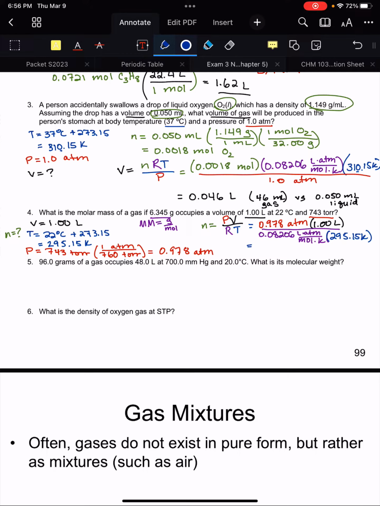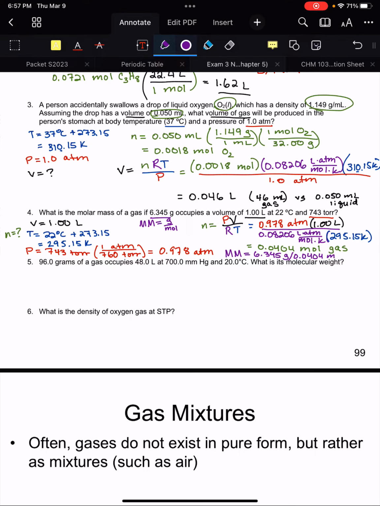So we're going to solve for the moles. So 0.978 divided by 0.08206 divided by 295.15. And we get, let's color code appropriately, we're in green, 0.0404 moles of our gas. So that means that when we find our molar mass, we're going to take the grams that we were given, 6.345 grams, divided by the moles.